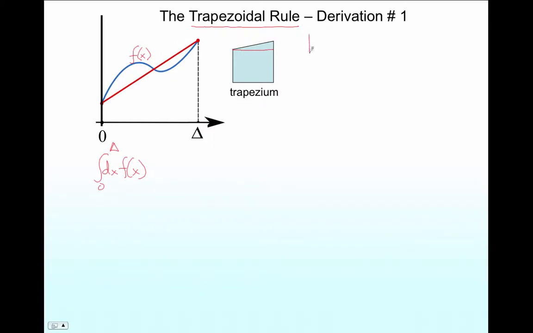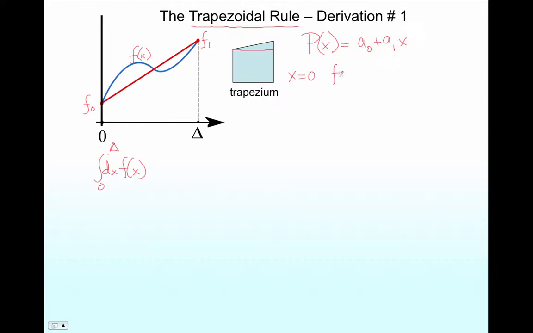So we shall write down the simplest polynomial which can do that. P of x is a0 plus a1x. When x is 0, f of x and p of x are both f0. When x is delta, then f of delta is f1. So let's now find out the coefficients a0 and a1.